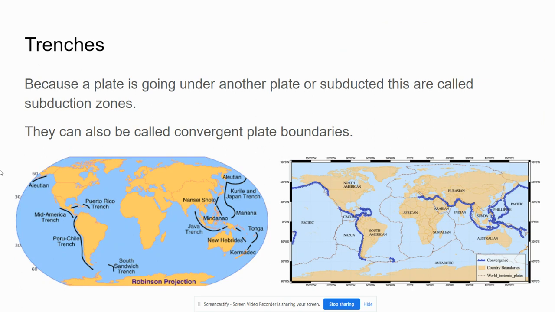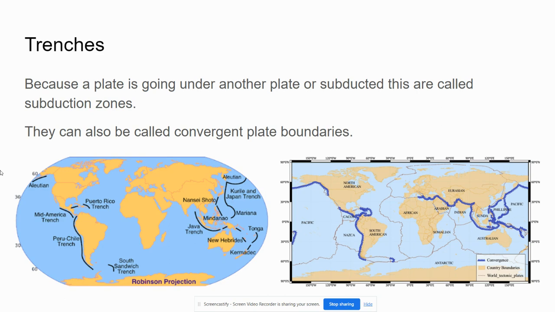So again, the other names. Because the plates are going towards one another and one is going underneath, we say that the plate is being subducted, or we call these things subduction zones. Another name you may have heard in middle school is that they're convergent plate boundaries.